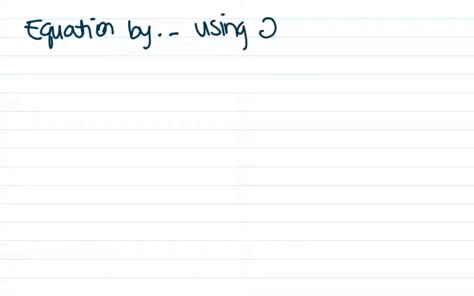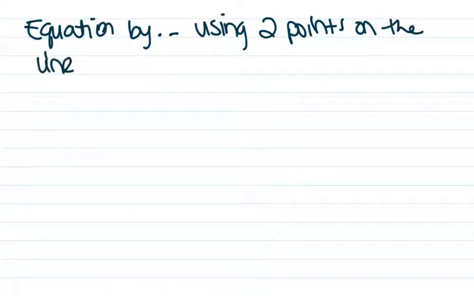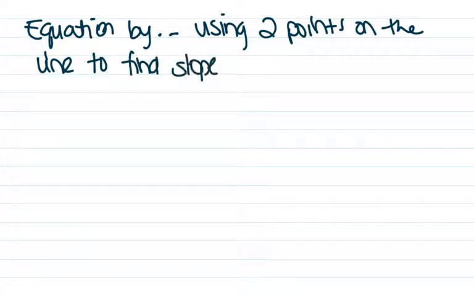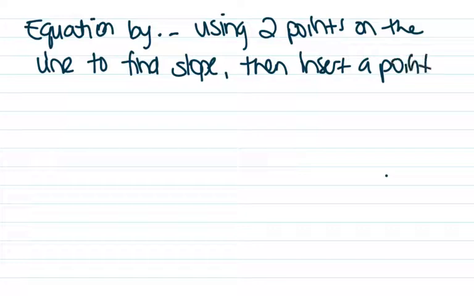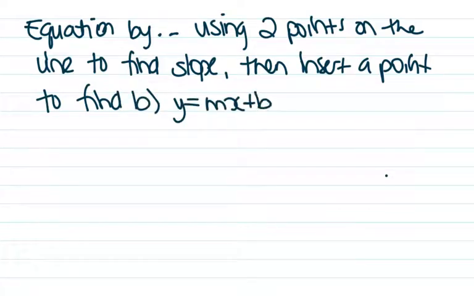And then you can find the equation of a line of best fit by using 2 points on the line to find the slope, and then insert one of those points into your equation to find b, in the equation y equals mx plus b.